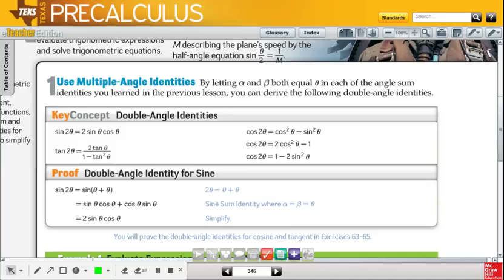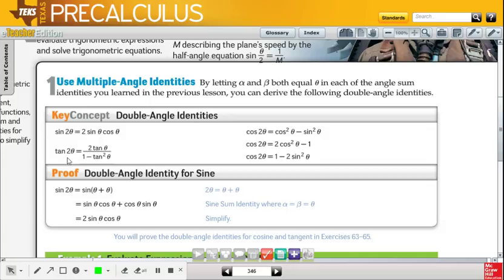So when you're looking at these identities, you see that when you have 2 theta, that means it was just theta plus theta. So two angles of the same measure just being combined together, but in a shorter version. The first identity is sine of 2 theta is equal to 2 times sine of theta times cosine of theta, or simply 2 sine theta cosine theta.